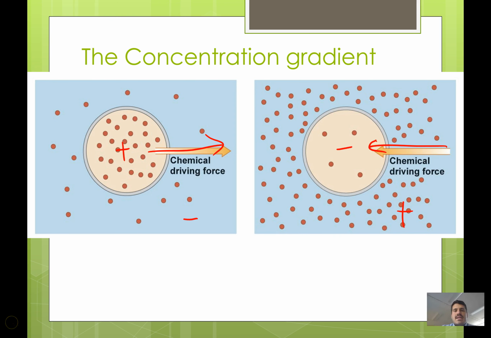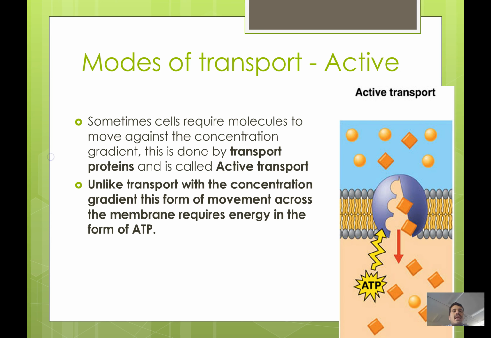Okay, this kind of concentration gradient being followed, we're talking about passive transport. So no energy required. But what if we want, for example, this molecule to get out? It's a bad molecule. The cell doesn't want it. So we want this molecule out. So we're going to go against the concentration gradient. And that's what we call active transport.